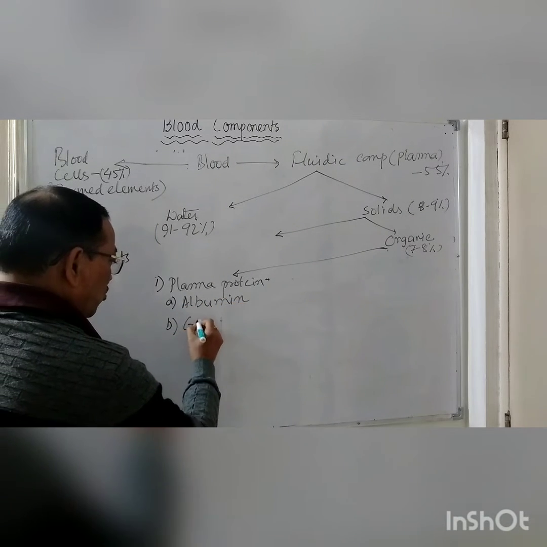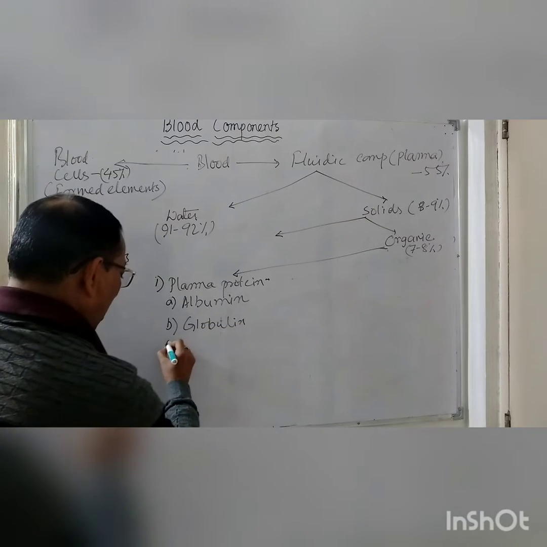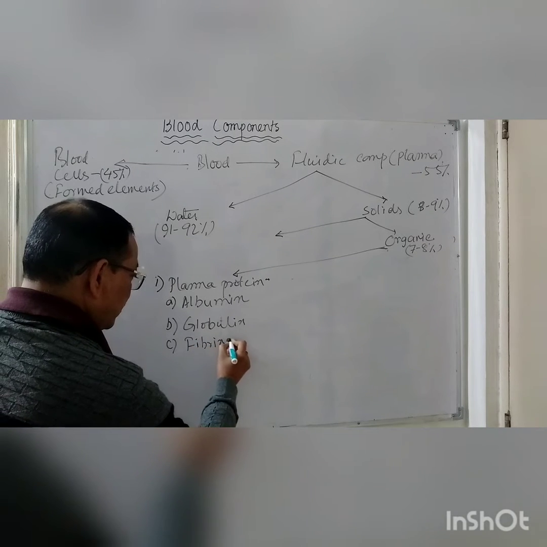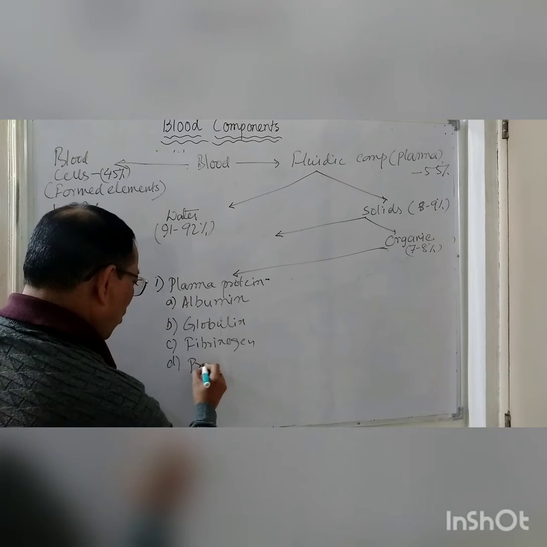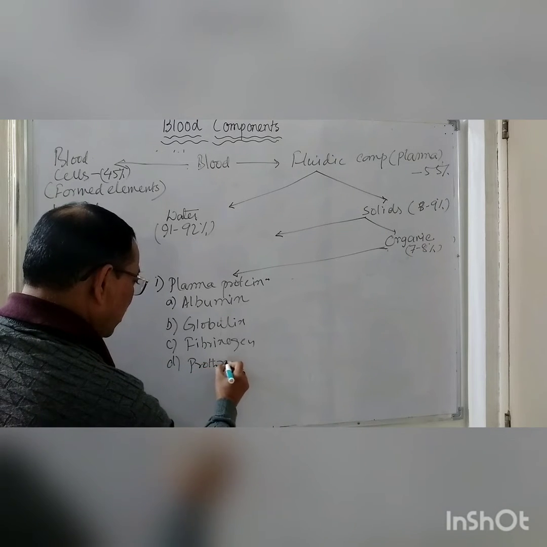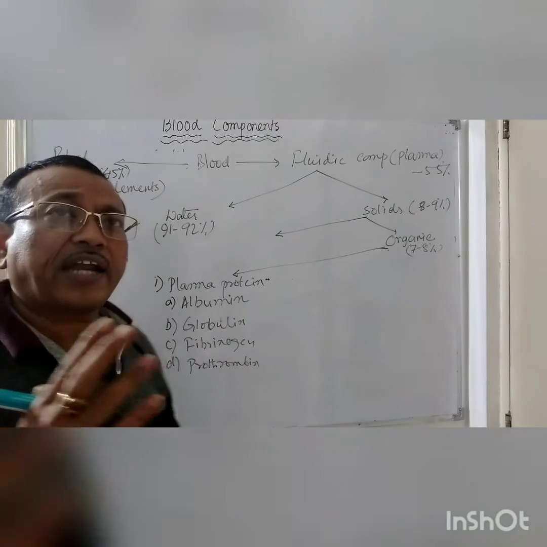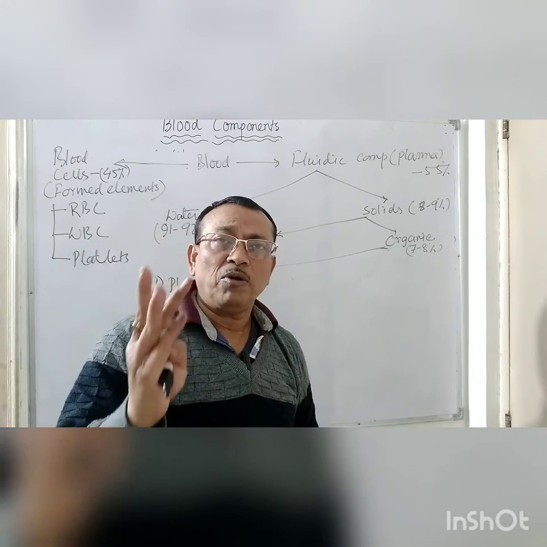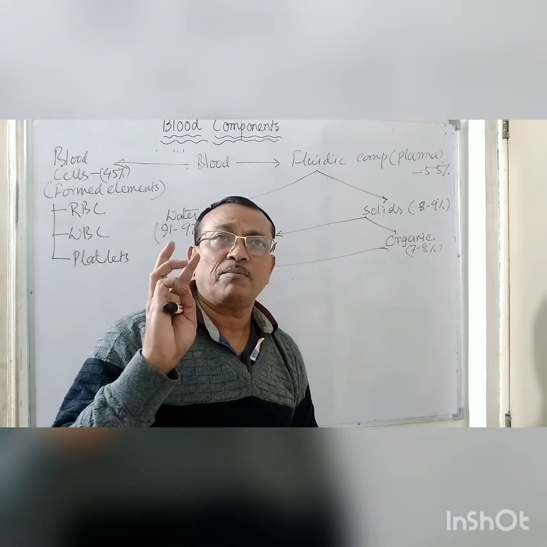Second one is the globulin. Third one is the fibrinogen. And fourth one is the prothrombin. So four categories of the plasma proteins are there: albumin, globulin, fibrinogen, and in traces prothrombin.